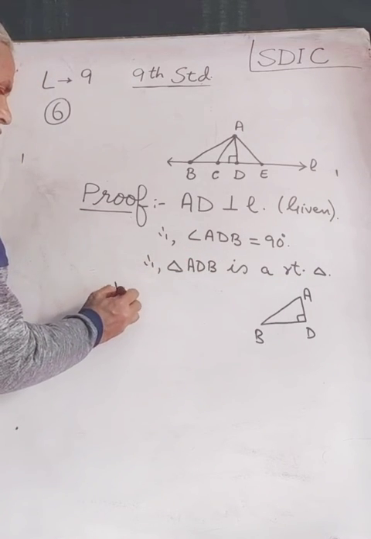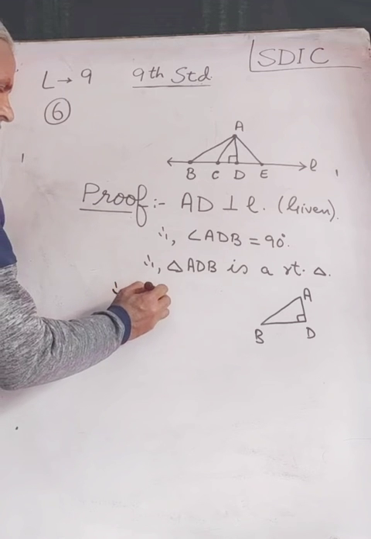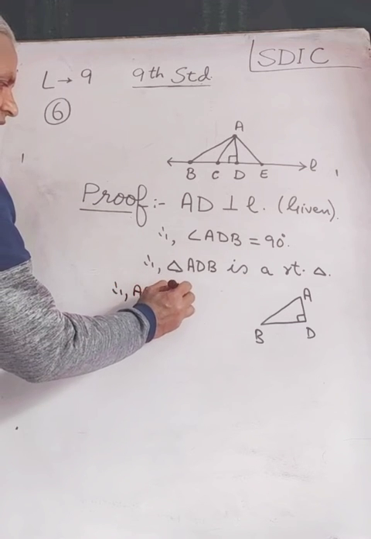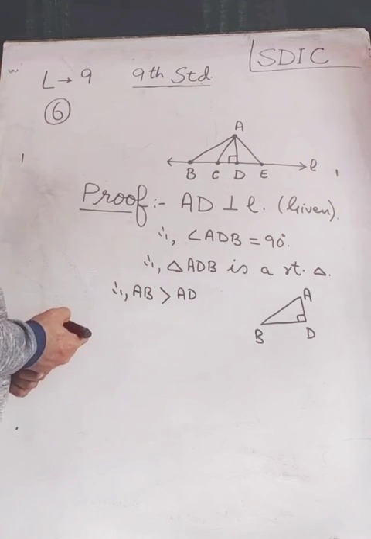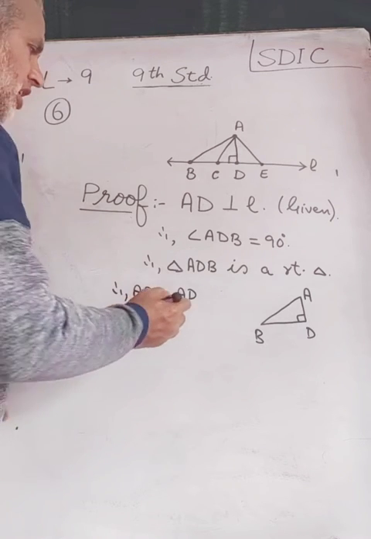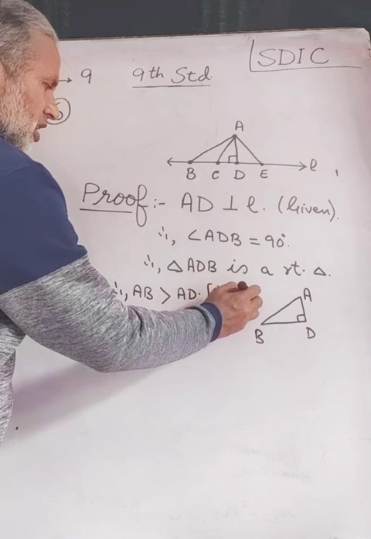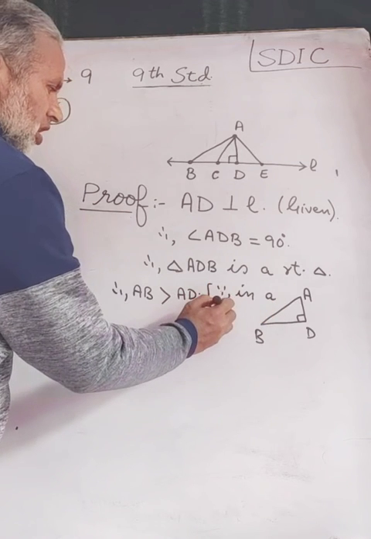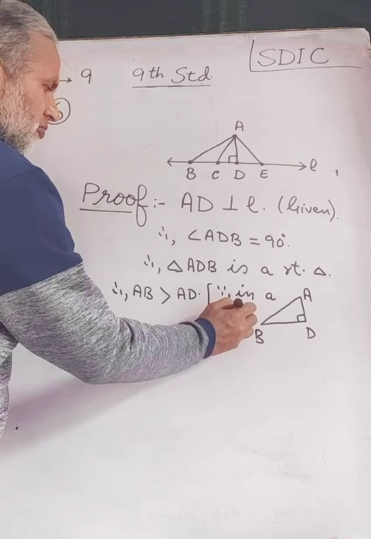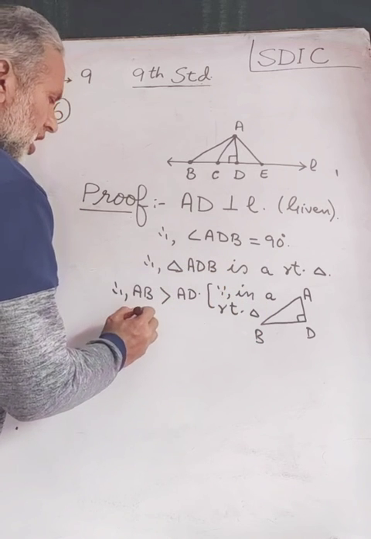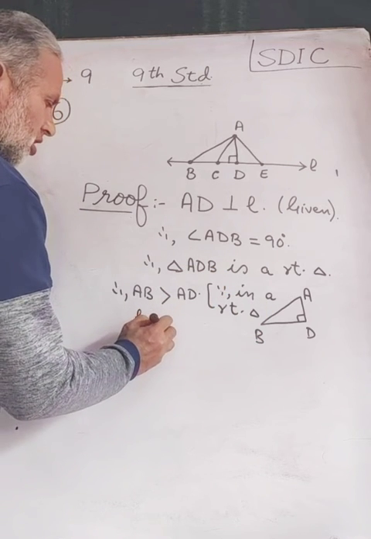So what will we conclude? Therefore, AB is larger than AD. And the reason is, because in a right triangle, hypotenuse is the longest side.